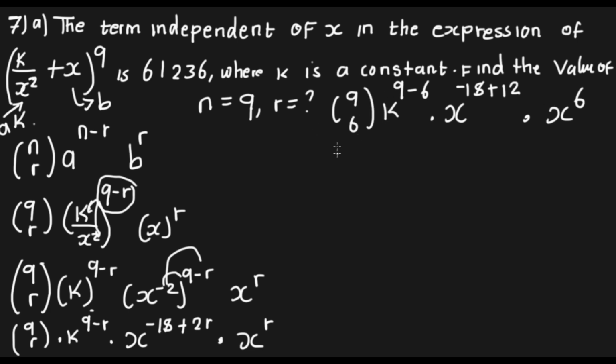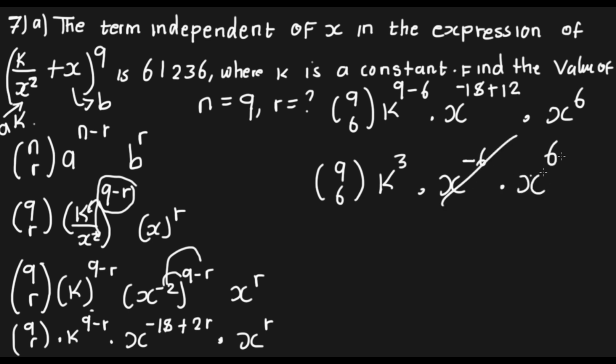Then at this point, we are going to say 9 combined 6 is equal to k raised to the power 9 minus 6, which is 3, times x raised to the power negative 18 plus 12, which will give us negative 6, then times another 6. So we can just cancel this because negative 6 plus 6 is 0.